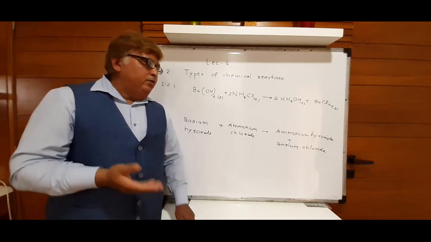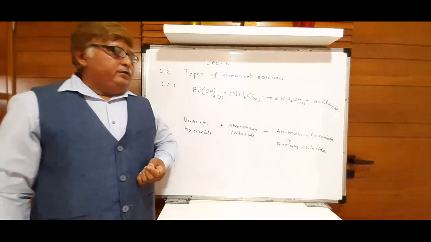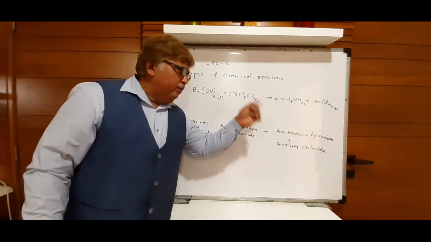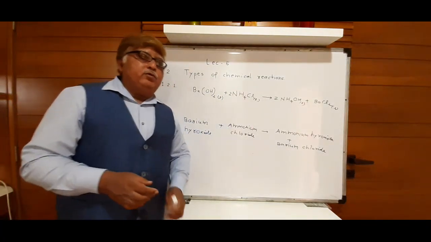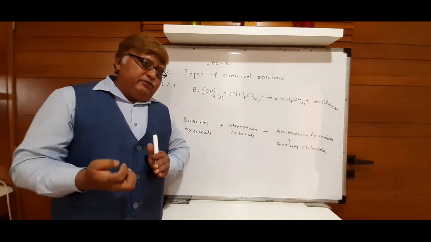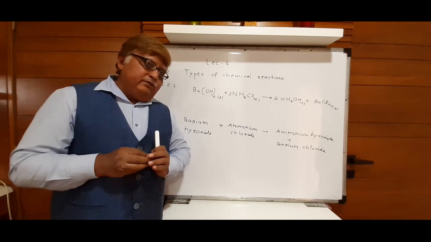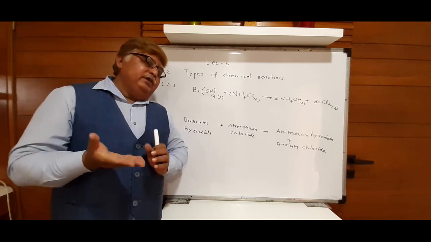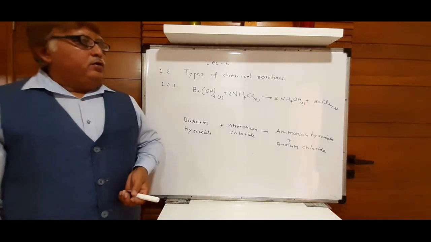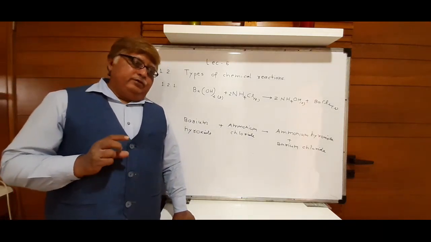Why do you feel cool? Because during this chemical reaction, formation of ammonium hydroxide and barium chloride does take place, but here heat energy is absorbed, and because the heat energy is absorbed, you feel it. So this is one example of endothermic chemical reaction.